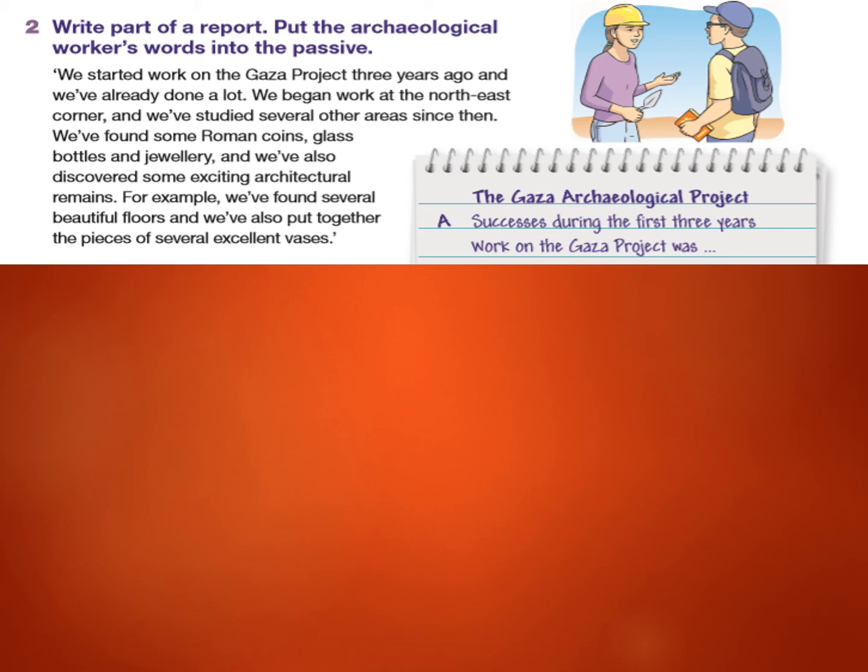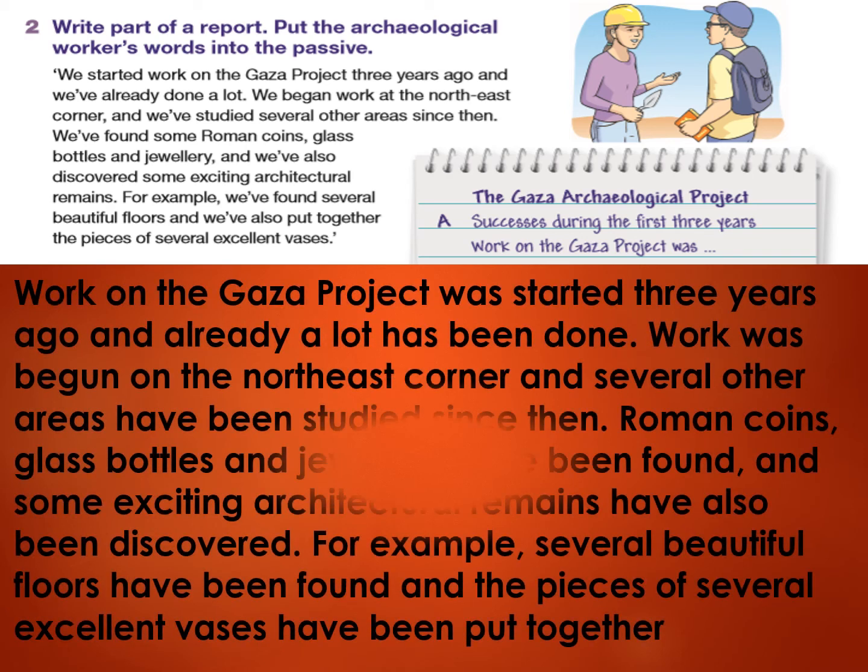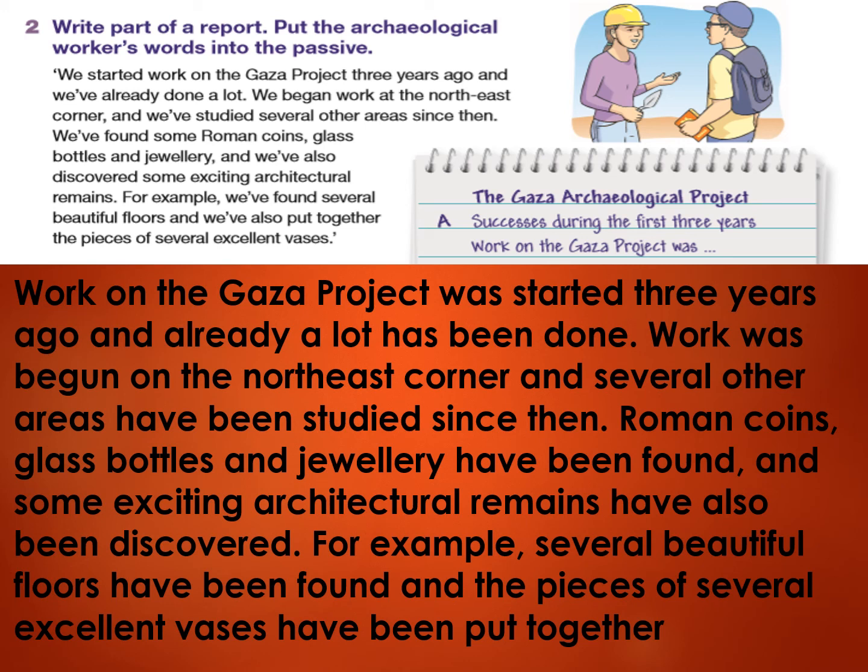Now let's check your answers. I will read. Work on the Gaza project was started 3 years ago, and already a lot has been done. Work was begun on the northeast corner, and several other areas have been studied since then.